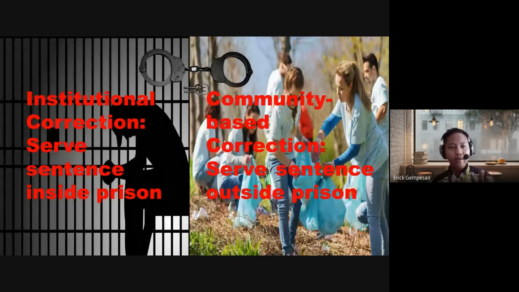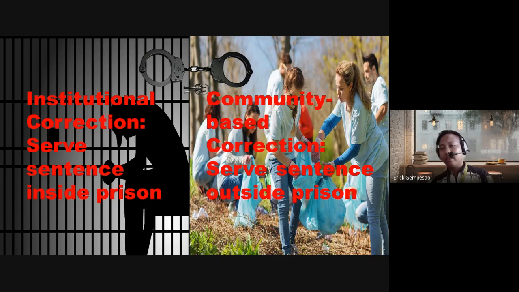So it's very important to understand whether the offender really needs community-based correction or institutional correction. And we have the probation law and executive clemency to grant parole, pardon, and probation, so that the offender will serve his or her sentence in the community, not in the prison.